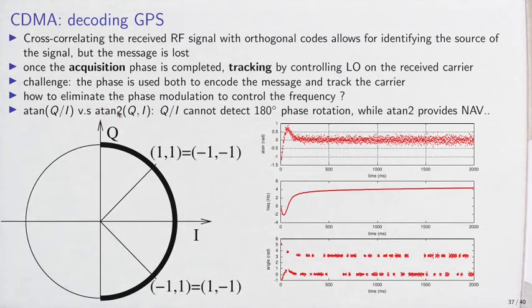But if you take arctangent 2 of Q and I, then you don't have this pi uncertainty, and you can recover the BPSK. These are the BPSK navigation messages. So this concludes the analysis of the GPS data.